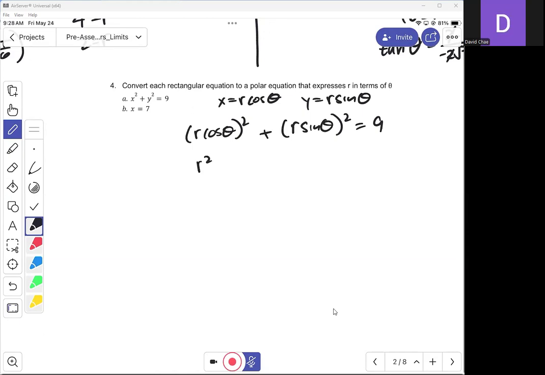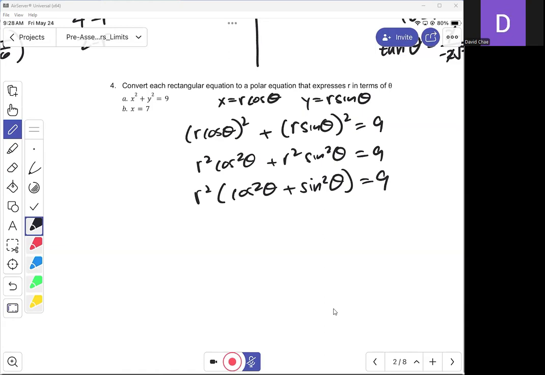This would be r squared cosine squared theta plus r squared sine squared theta is equal to 9. Factor out the r squared, it would be cosine squared theta plus sine squared theta, and this equals 1, so it just becomes r squared. So r squared is equal to 9, so r is equal to 3. Okay, and that would be your equation here.